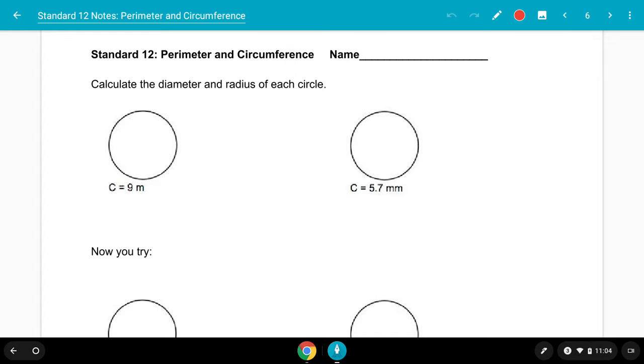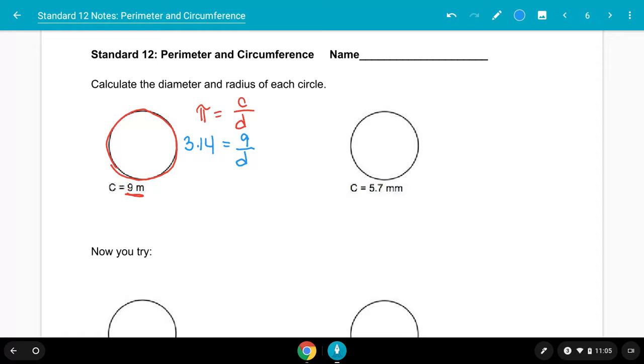Here's what I know. I know that the circumference, the measure around, is 9 meters. I can substitute in two values. I know that pi is 3.14. I know that circumference is 9 and that diameter, I don't know diameter. Now this is going to be a little bit different because you do need to undivide the diameter. So this takes a couple extra seconds.